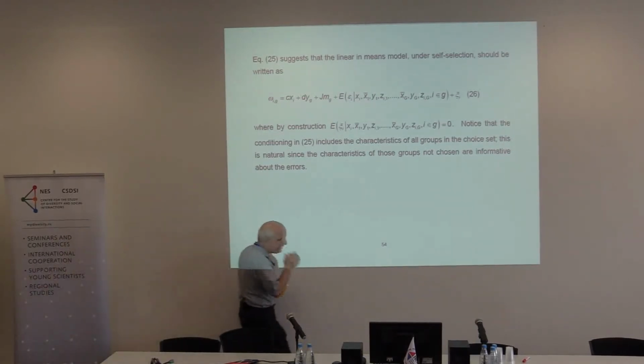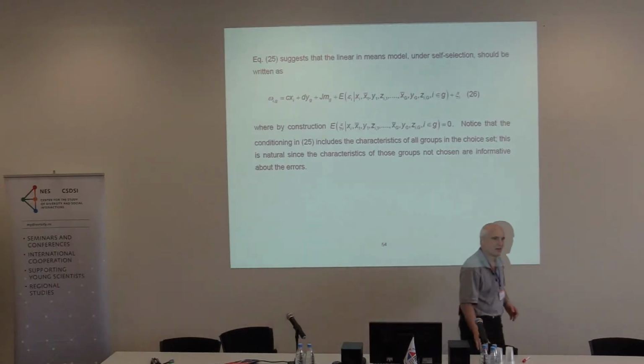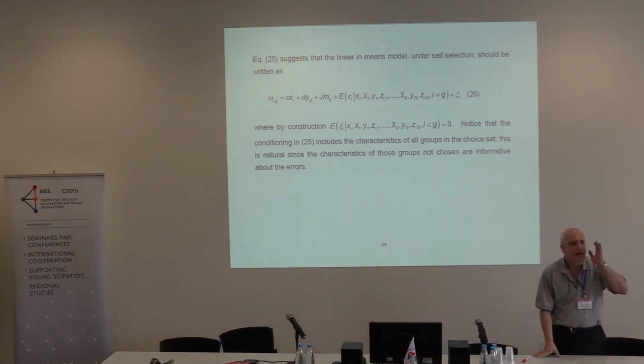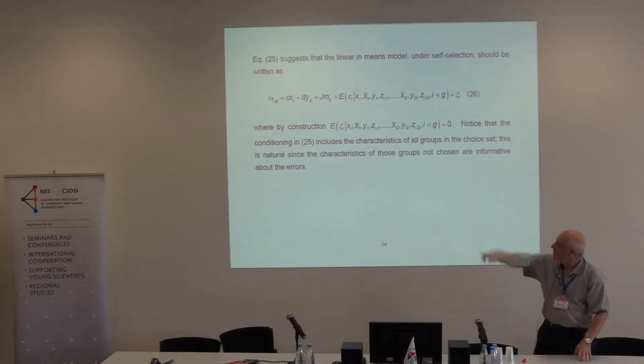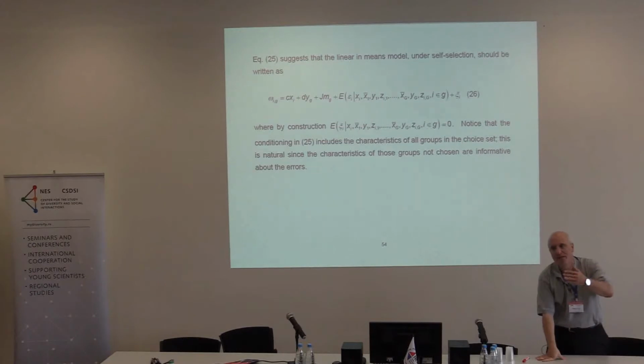So the profound insight, the stroke of genius in the Heckman approach, was to say the following. It may be the case that we can estimate either the expected value of the error, given the observables, or we can estimate something that is proportional to the expected value of the error.